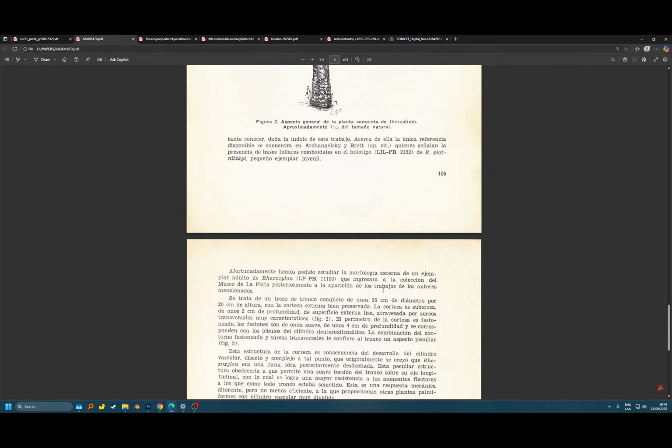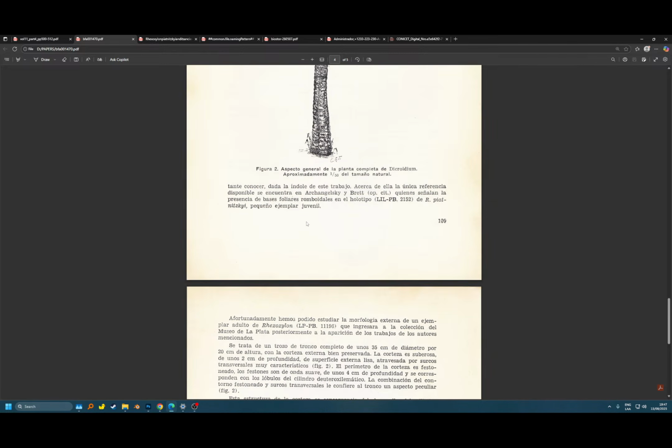And well, they thought, hey, the holotype of Rexoxylon is LILPB2152. It's a supposedly juvenile, I guess young, small stem specimen, right? And I don't think that's the correct assumption.